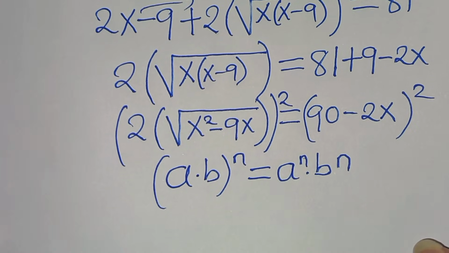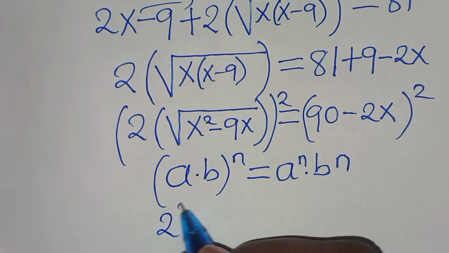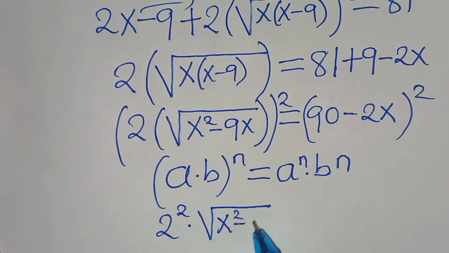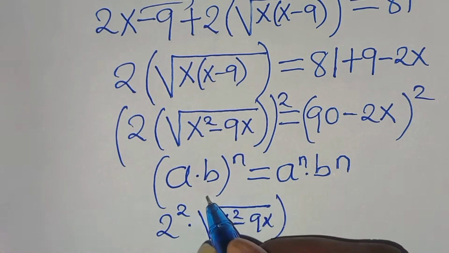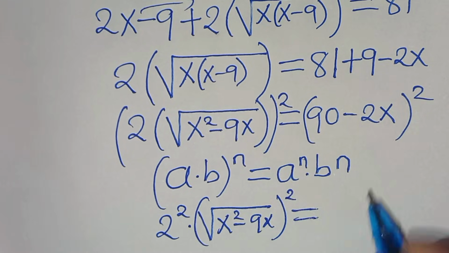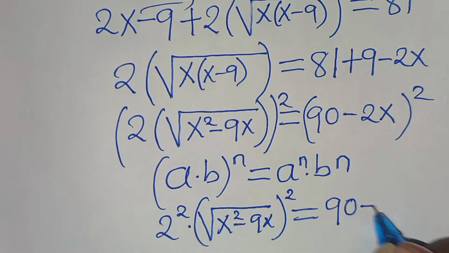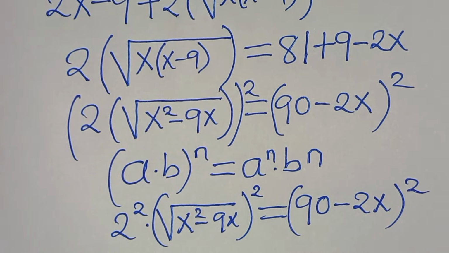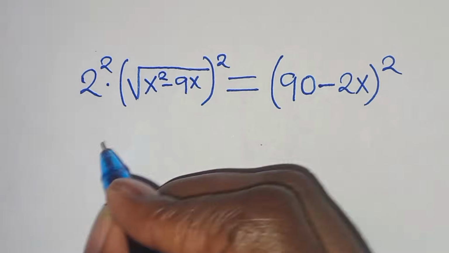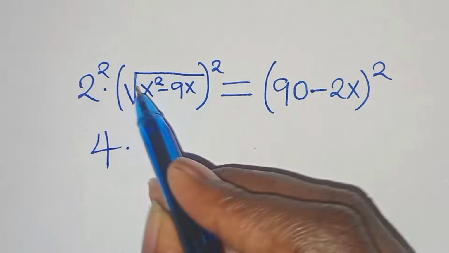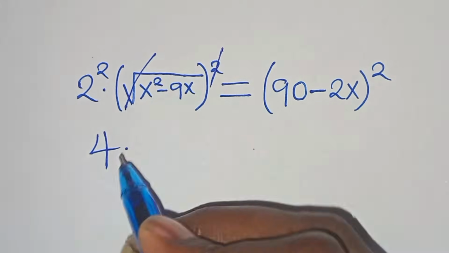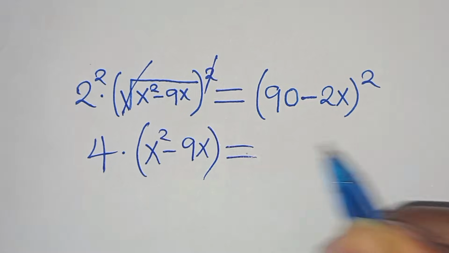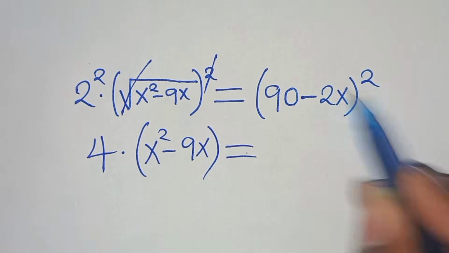Therefore we have 2 squared multiplying the square root of x squared minus 9x, everything raised to the power of 2, equal to 90 minus 2x raised to the power of 2. Now 2 squared is 4, multiplying by, let's eliminate the square root sign here, x squared minus 9x. This is equal to 90 minus 2x to the power of 2.